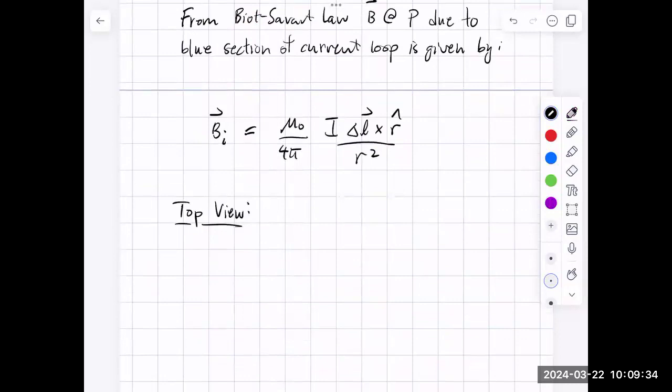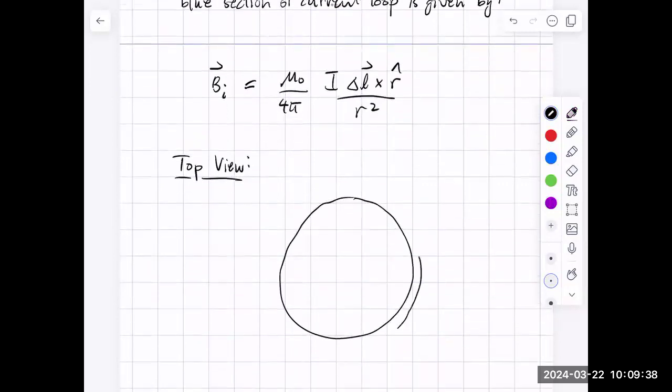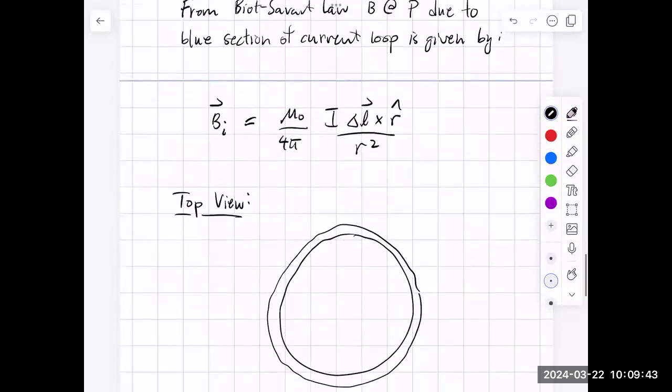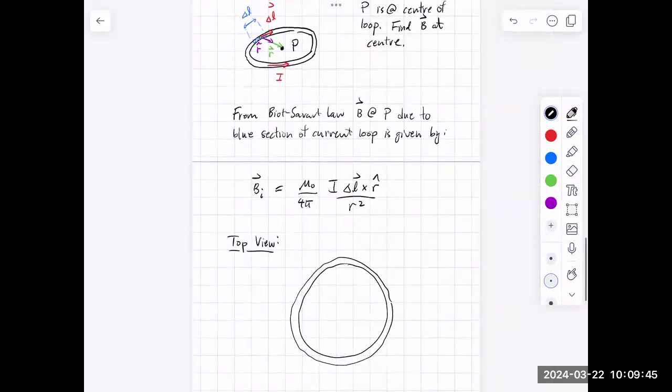So if we're looking from above, our loop looks like a circle. Okay, and from above, the current would be going counterclockwise, and so I'll draw the counterclockwise current. There's I. P is sitting right at the center here. We'll make our little blue delta L section here.